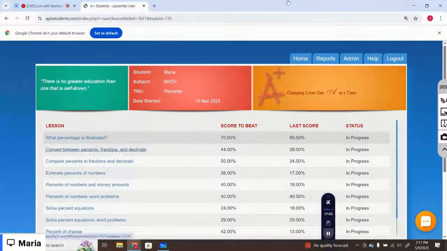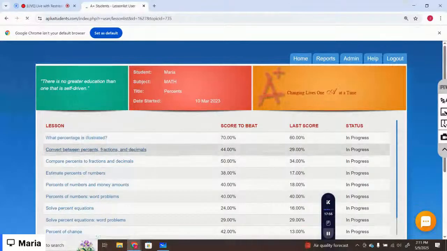The next lesson is convert between percents, fractions, and decimals.